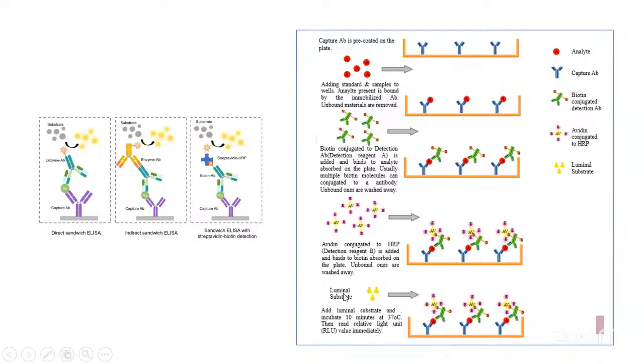When you add the luminol, the whole chemistry occurs again: excitation, emission, and light is generated, which will be detected. We measure it in relative light units. This occurs very fast. So the basic principle is the same, but detection depends on what kind of substrate you are using at the end.